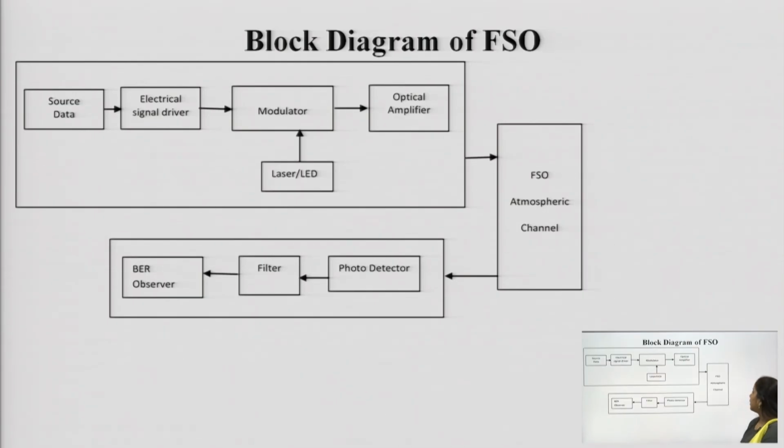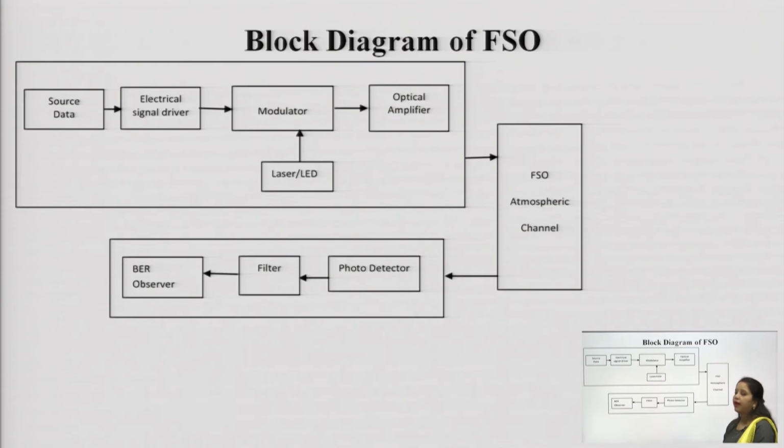This is basically a diagram of a FSO. First, you can see that this is similar as compared to the optical system, but the difference is the transmitting medium here. First, the source data, electrical signal driver, modulator which will modulate the signal, and in between we have a laser or a LED which is our source of the optical signal, and an optical amplifier because the intensity of light which is generated by this is very less.